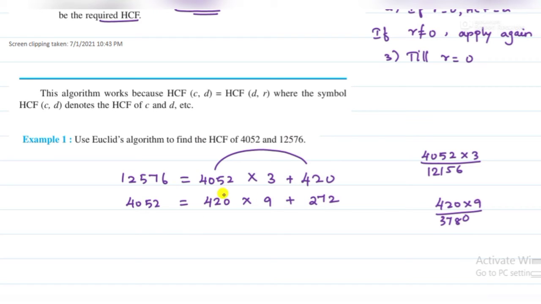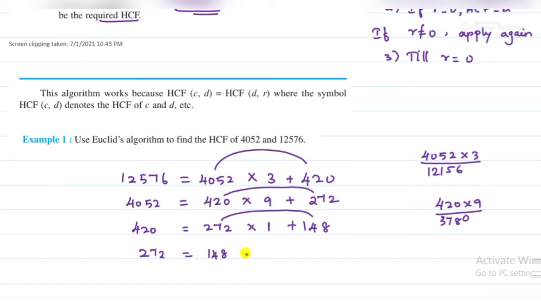We didn't get the remainder 0, so do the process once again. 420 can be obtained by multiplying 272 with 1 plus remainder 148. At this stage also we didn't get the remainder 0, so apply the process once again for 272 and 148. 272 is equal to 148 into 1 plus remainder 124.